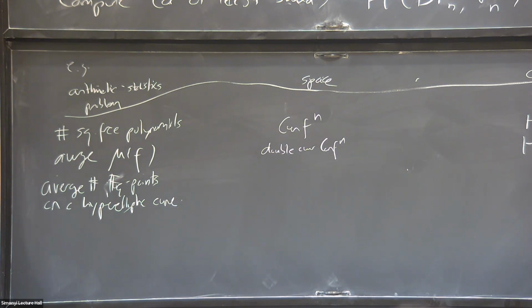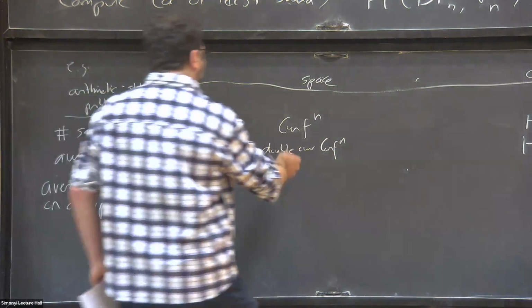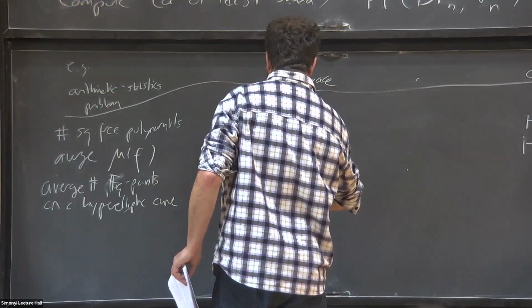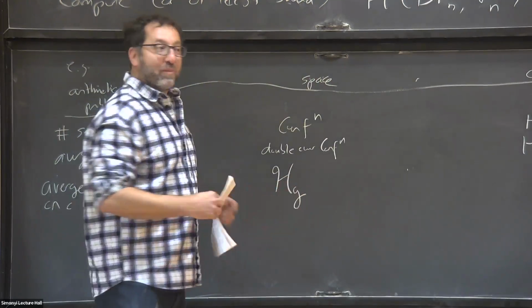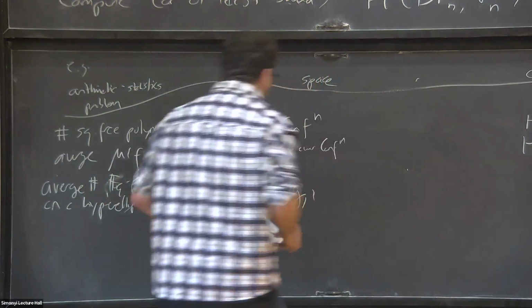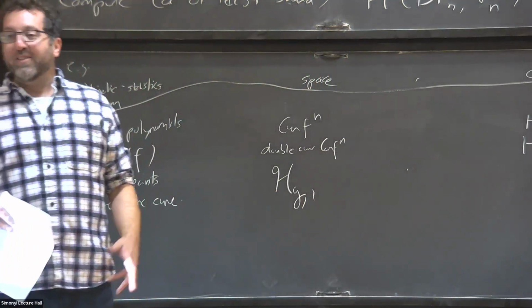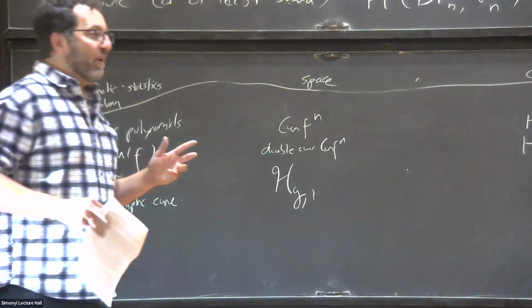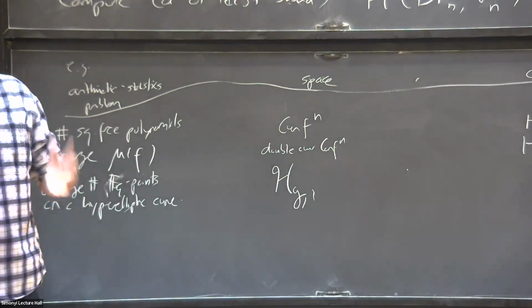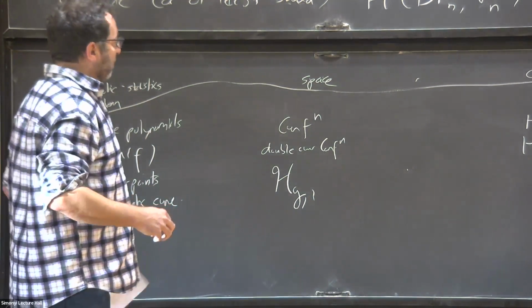So my model for a random hyperelliptic curve is very much like my model for a random square-free polynomial. If H_g were the moduli space of hyperelliptic curves, this space is H_{g,1}, the moduli space of hyperelliptic curves with a marked point. If I count points on that space, I'm adding up the number of rational points on each hyperelliptic curve.